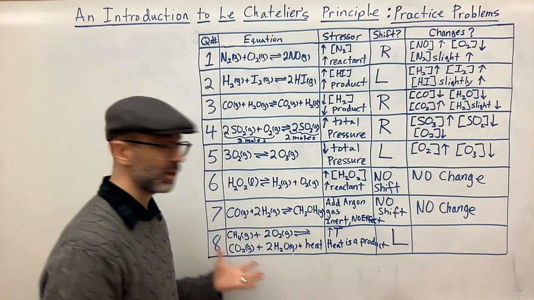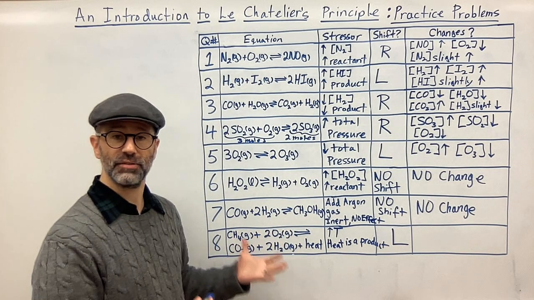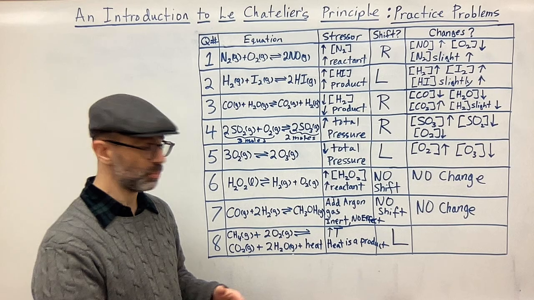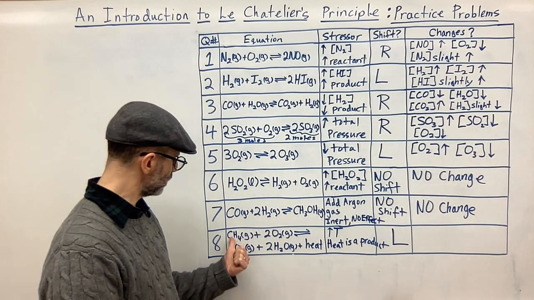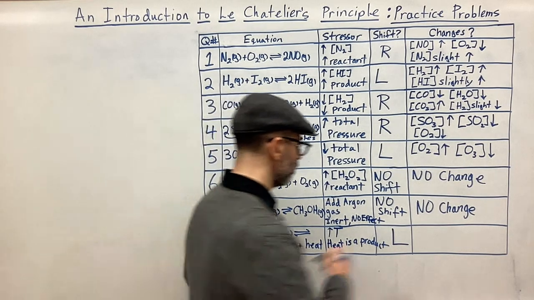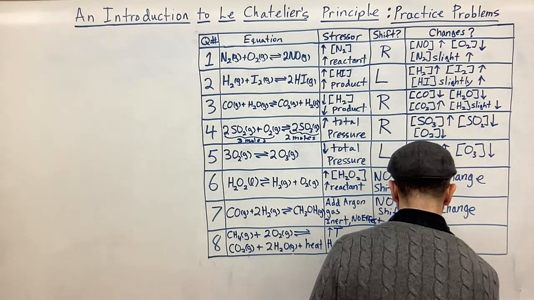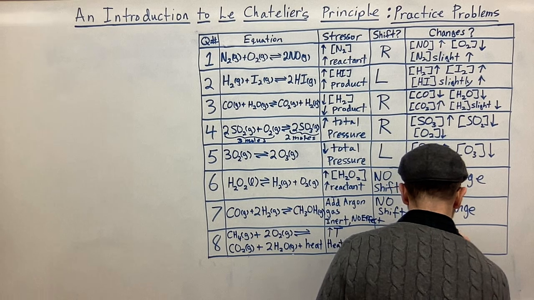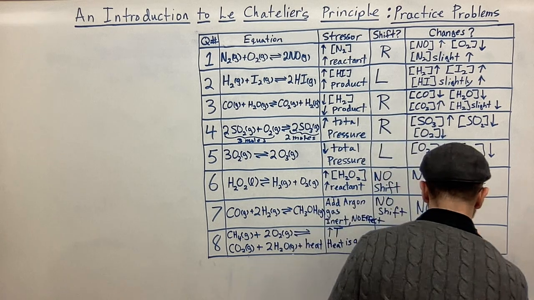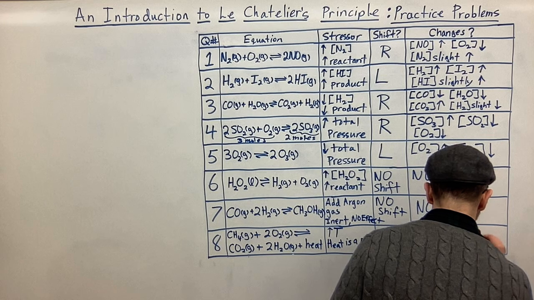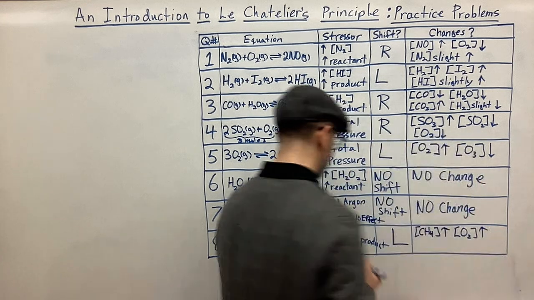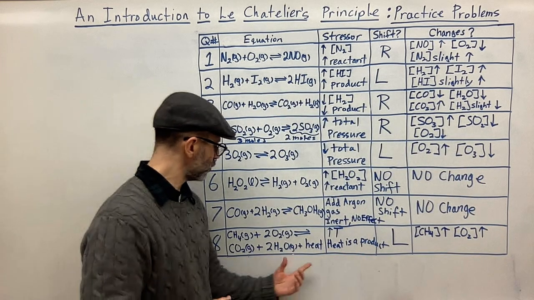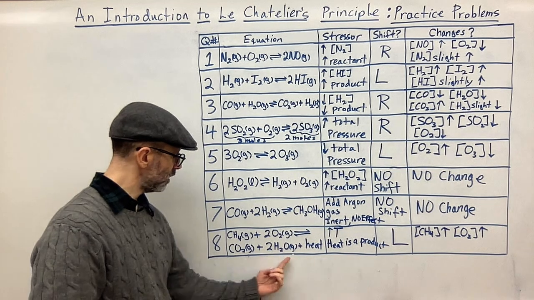And so what's going to happen to our concentrations of things at the new equilibrium? Well, we're going to increase CH4 and O2. So the concentration of CH4 is going to increase, and the concentration of O2 is going to increase as well. And so what's going to happen to these here?